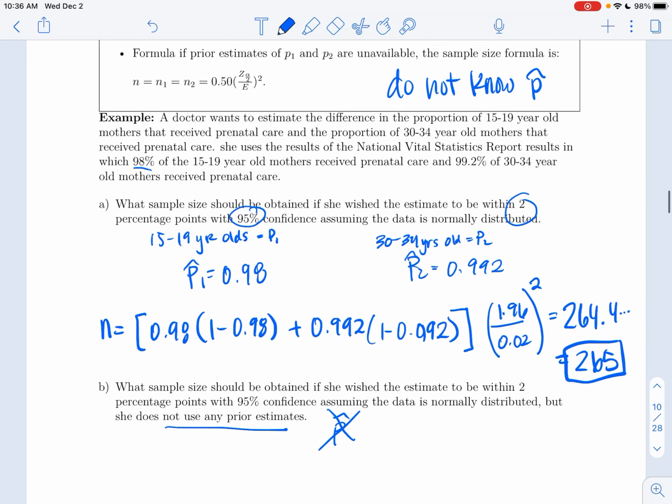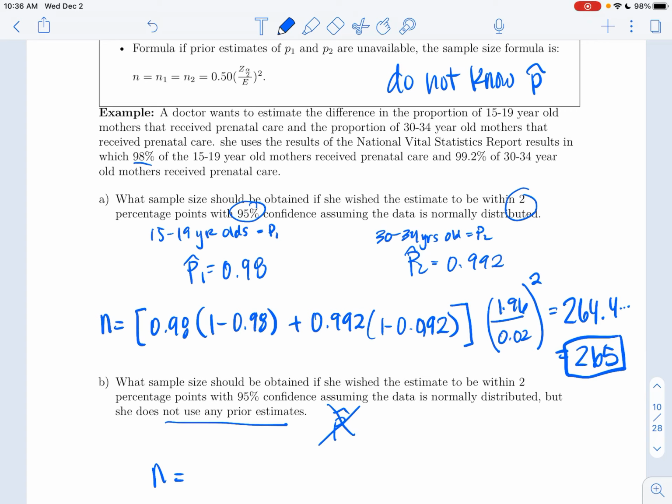So we're going to use the second formula, which is n equals 0.50 times 1.96 divided by 0.02, quantity squared. So put this in the calculator. This equals 4,802.